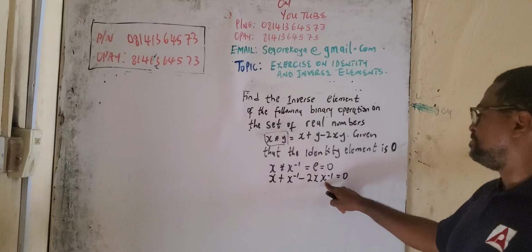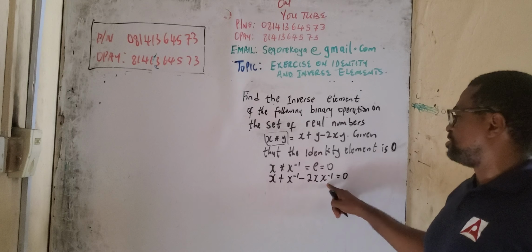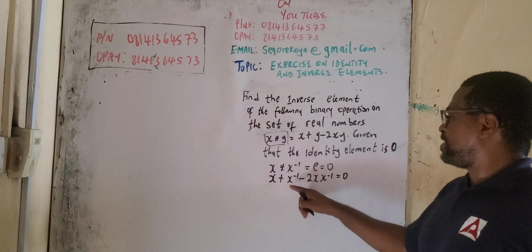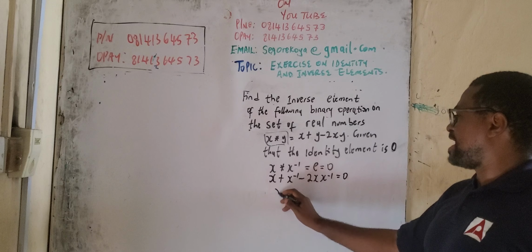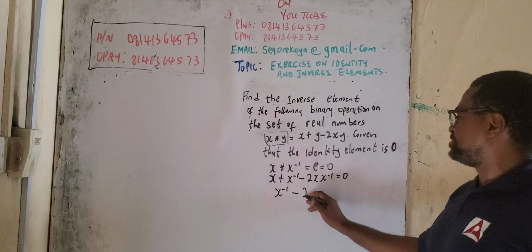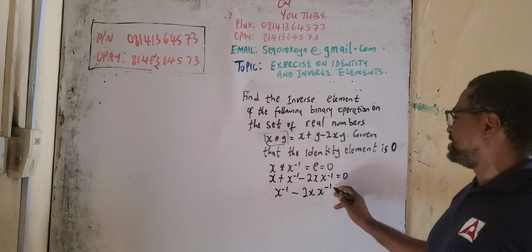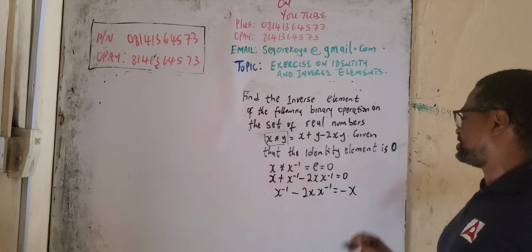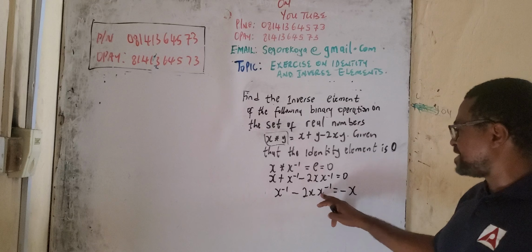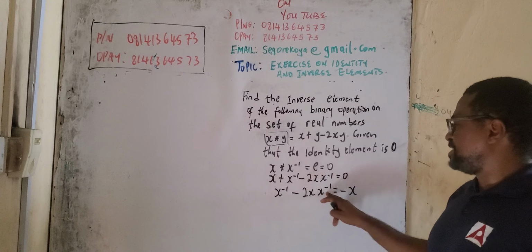So we want to make x inverse the subject of the formula. We can take this x to the other side of the equation. So I have x inverse, take away 2x times x inverse, is equal to 0 plus x, taking it here becomes minus x. So we can factorize x inverse out here.